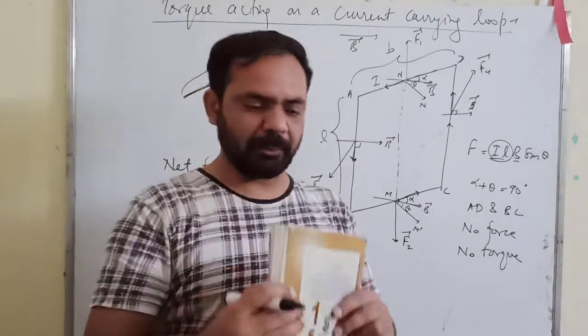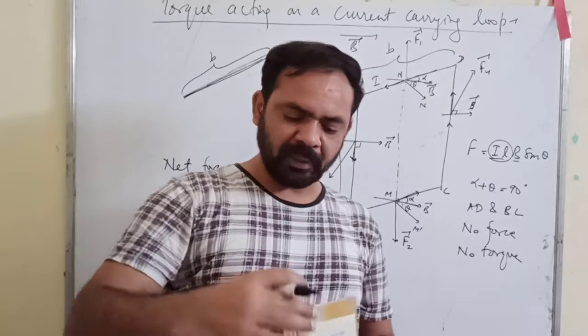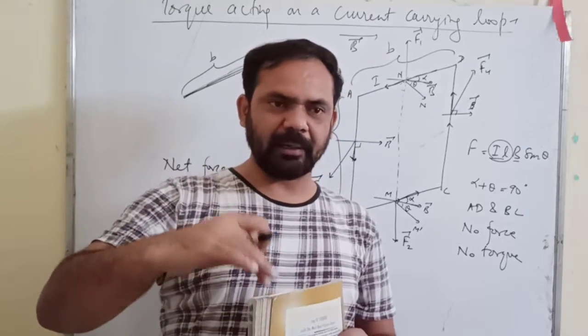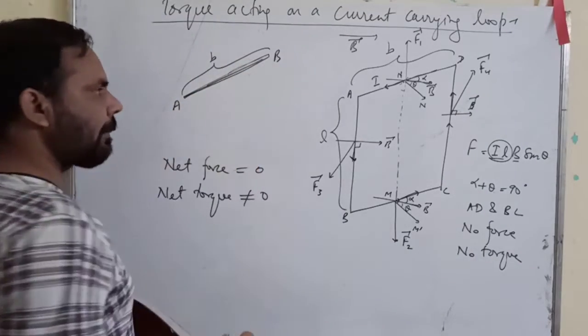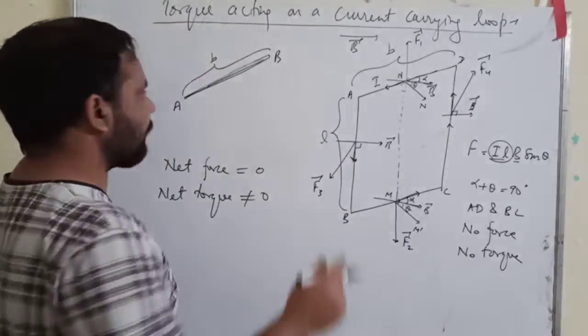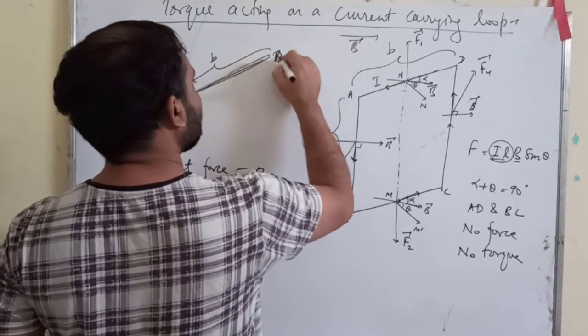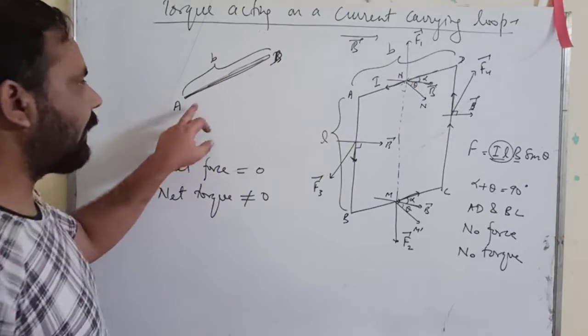This was the coil, so I am looking now like this. At this end, suppose this is A, this is D. So at A, what is happening?